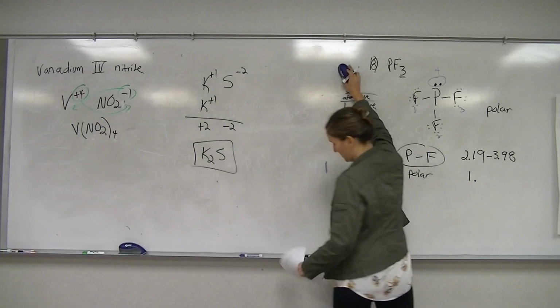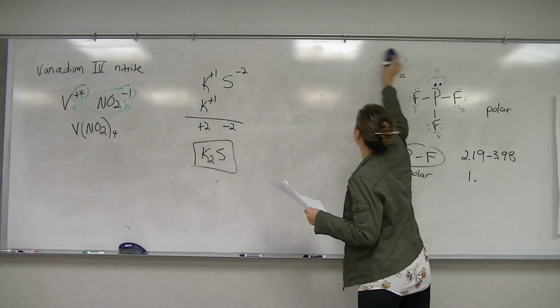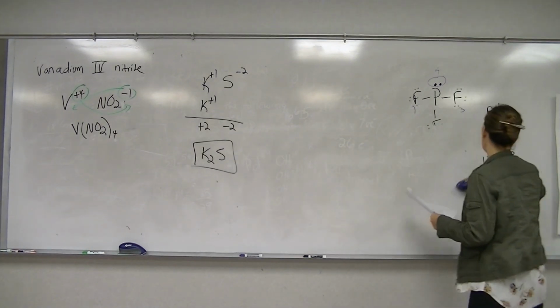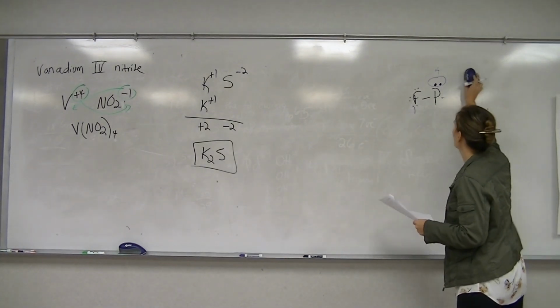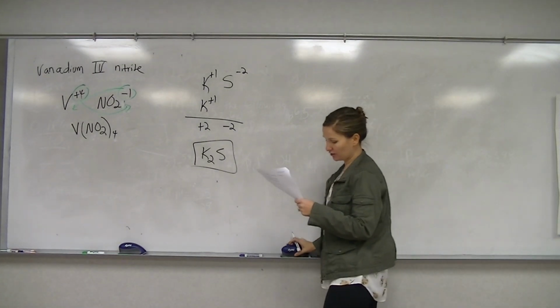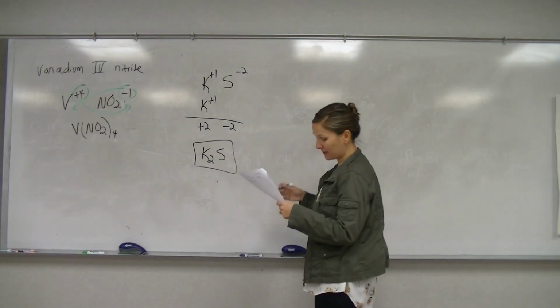Now the last one is trioxygen difluoride. So notice the prefixes tells me it is a covalent compound. So you don't need charges. There are no charges in covalent because they're sharing electrons. So for this one, you would write the two elements involved.